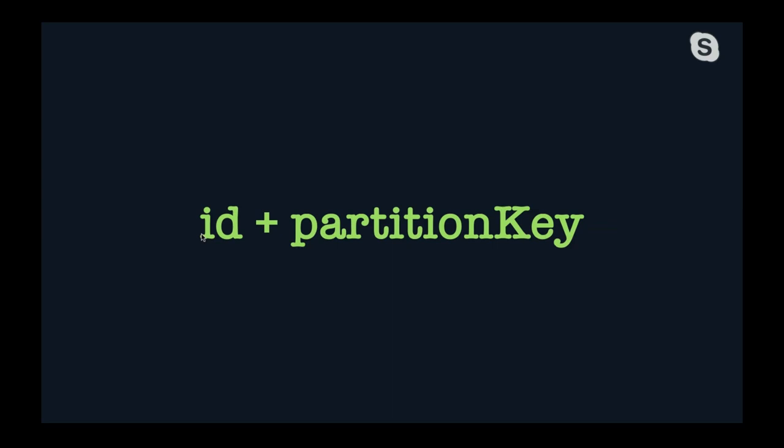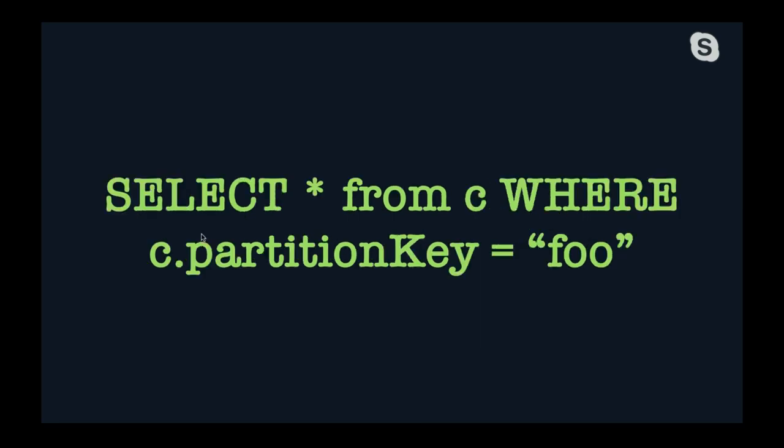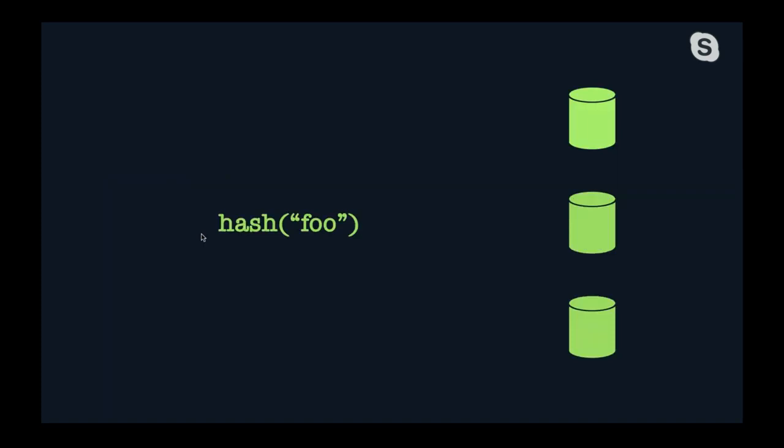So the important kind of takeaway here is that a document is uniquely identified by ID and partition key. So if I do a query like this, select star from C where c.partitionKey equals foo, what's going to happen behind the scenes is Cosmos is going to receive that query, it's going to hash that partition key, and it's going to go find the individual machine that all that data lives on.